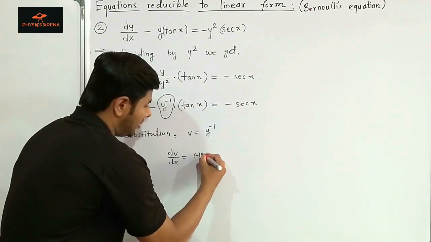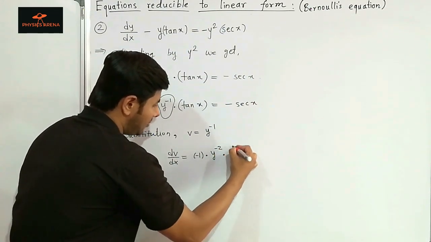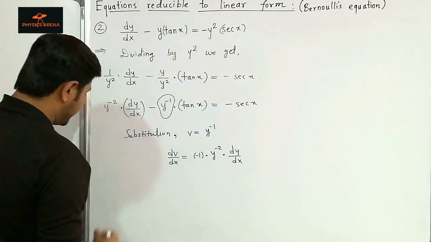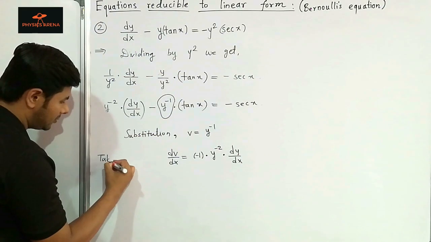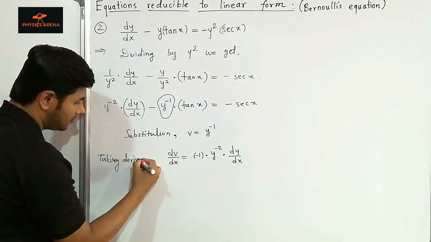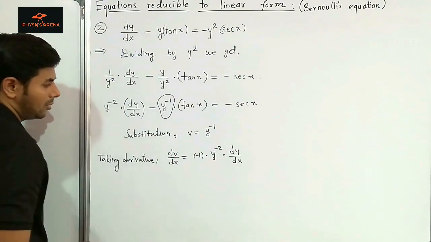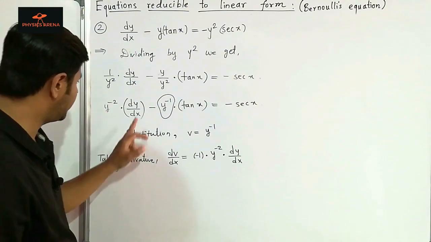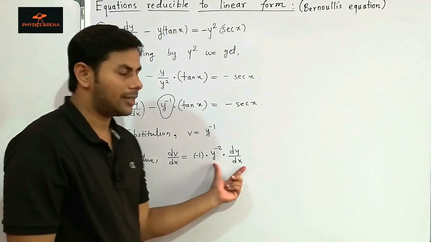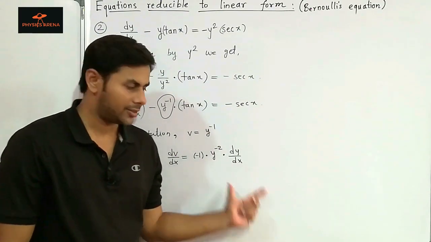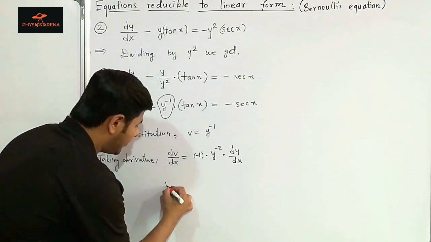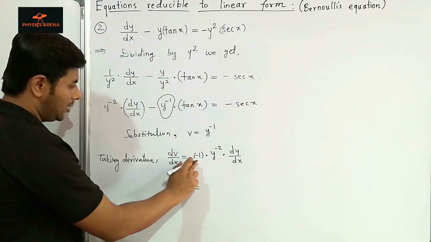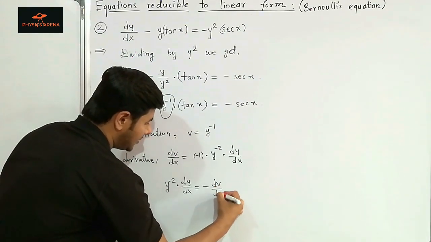So this is minus 1 multiplied by y raised to minus 2 multiplied by dy by dx. Okay, so this is the derivative. Then we have this term here, y raised to minus 2 multiplied by dy by dx, and we got the same term here also. So we have y raised to minus 2 times dy over dx equals minus dv by dx.